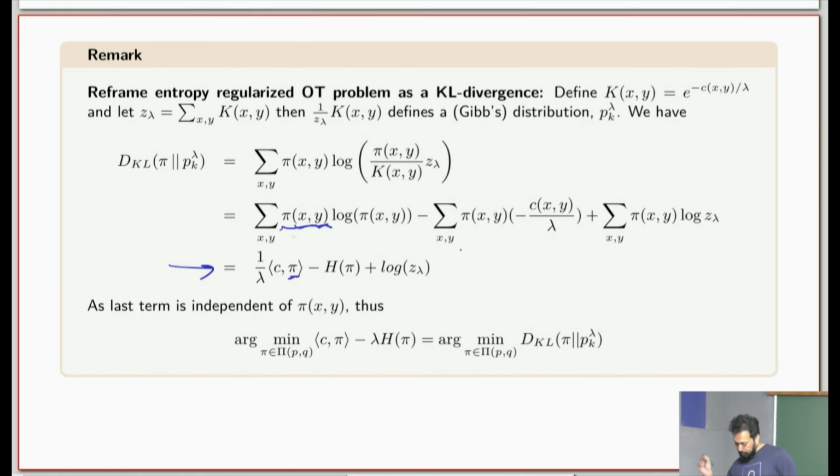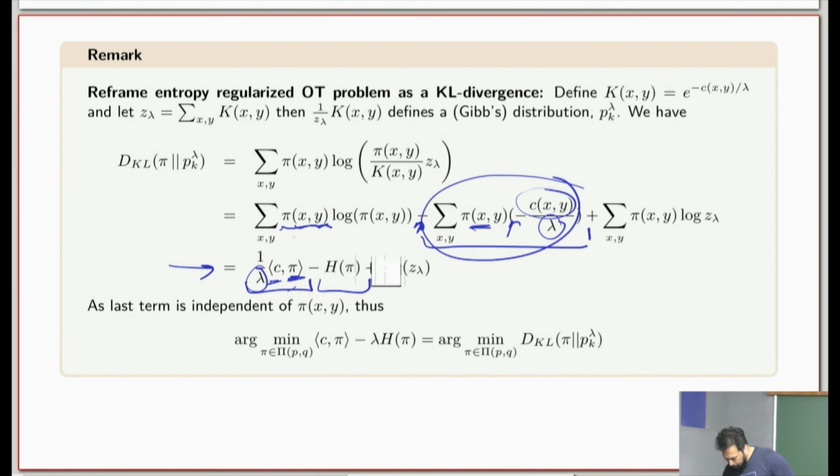This is the term we are looking at. Here minus becomes plus, 1 by lambda came out, and c was vectorized, and pi was vectorized, so this is a dot product. We have seen that cost and pi we can vectorize. So this part is done. The first one, this term, is the negative of entropy, since these are of the form x log x.